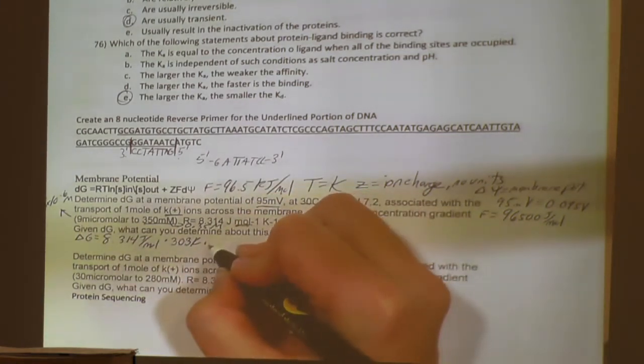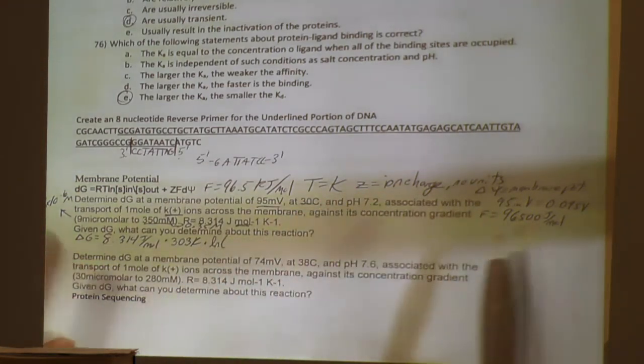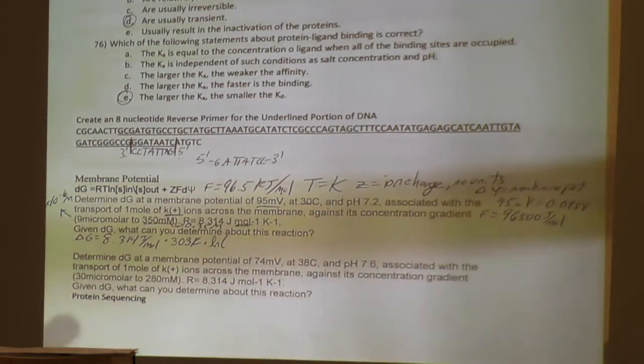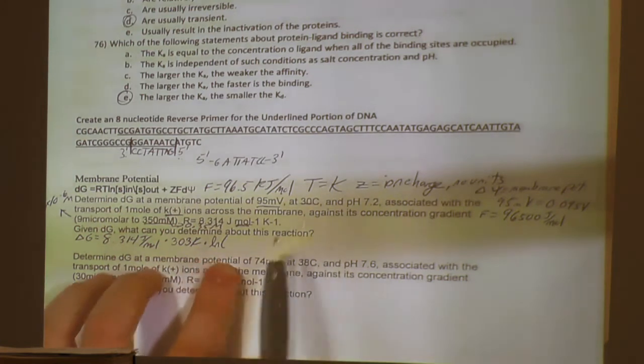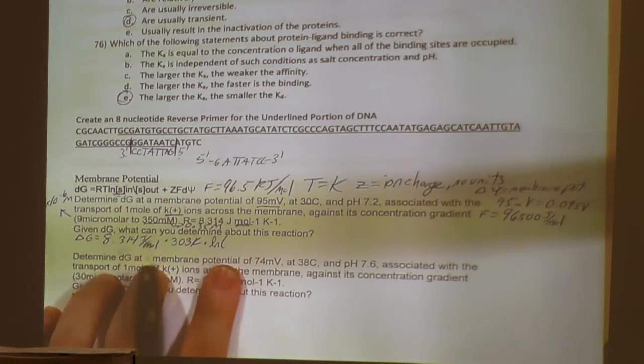Times the. So if you're going against a concentration gradient and the higher concentration is within the cell, which one would you put here? Which concentration would you put as inside the cell?